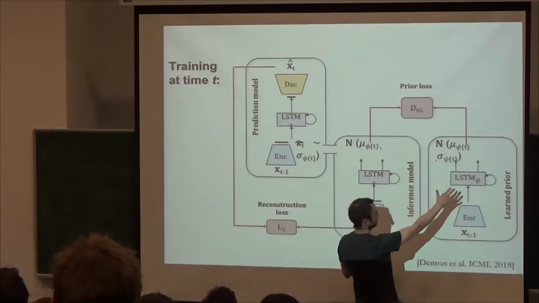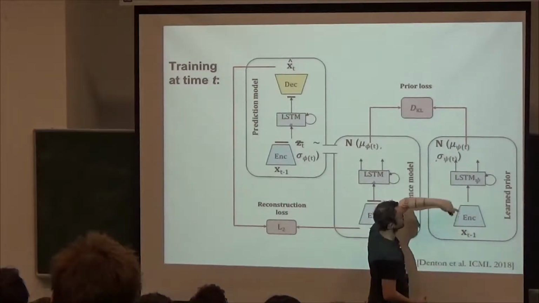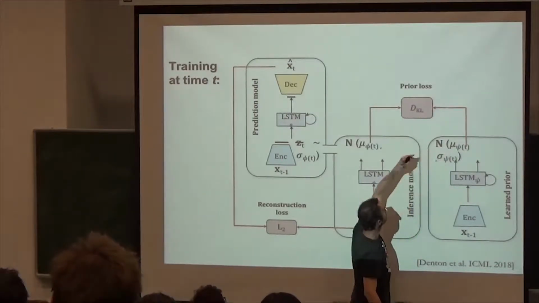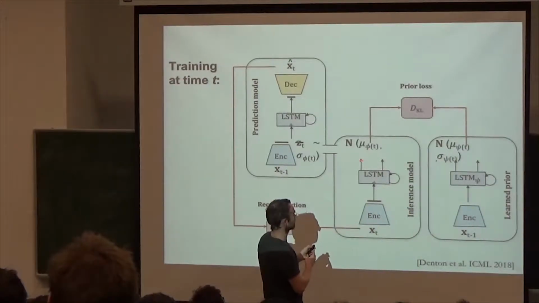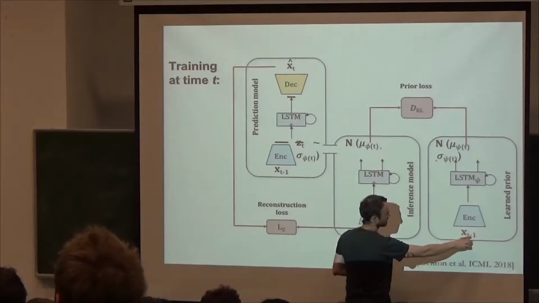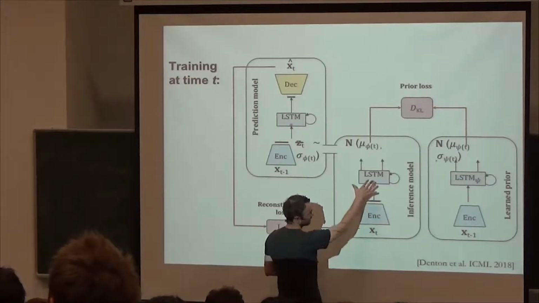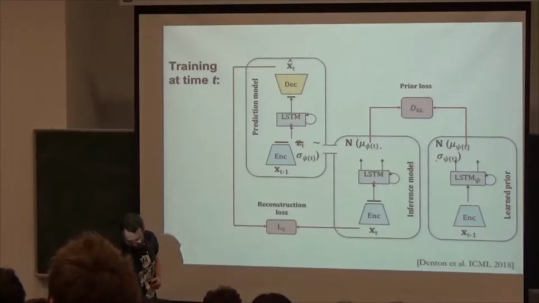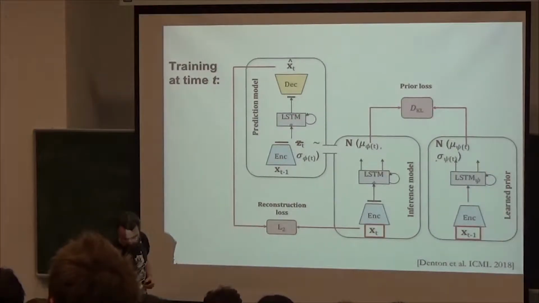another similar framework here, which is learning a distribution that is going to be close to the ones you've got. The key point is that this prior only gets to see the previous frames, whereas this one, at training time, gets to see the latest frame, x_t.